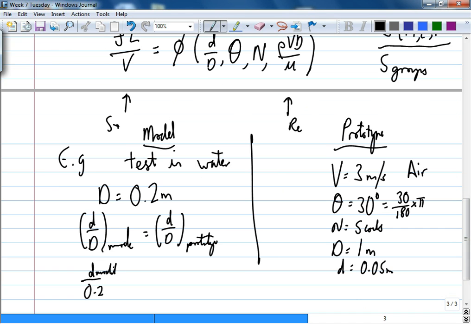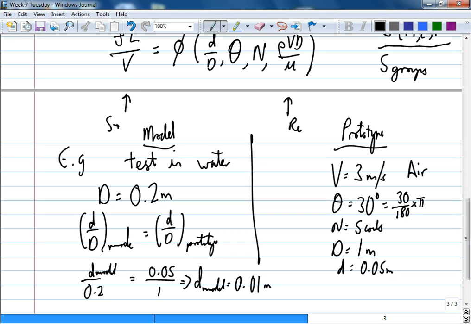It equals small d over big D here, 0.05 over 1. Therefore d model equals 0.2 times 0.05 divided by 1, which is 0.01 meter. So we have scaled it proportionally. Is that alright? Any questions?